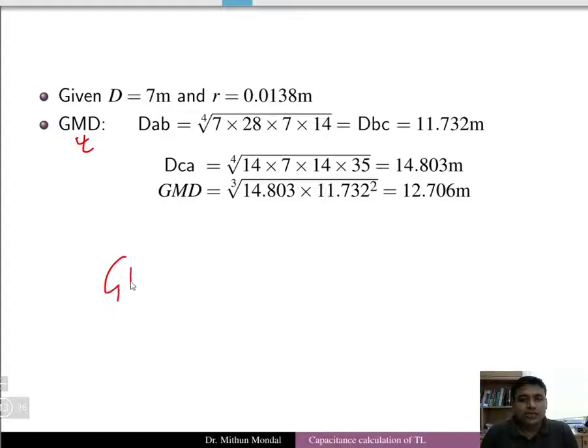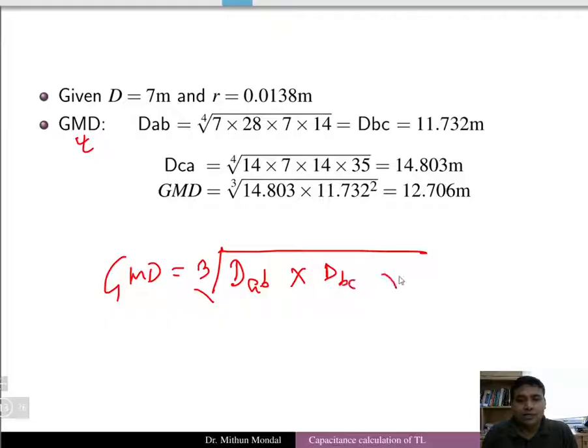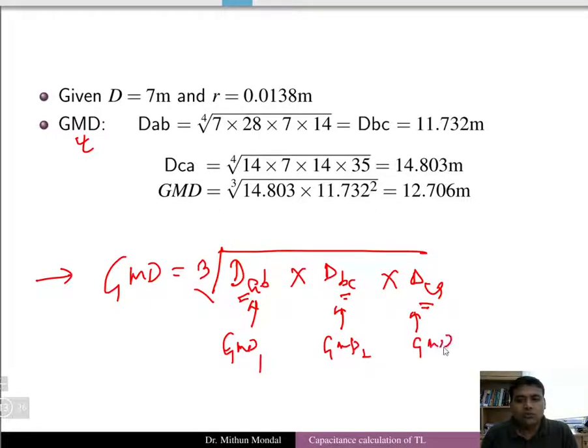So GMD calculation is basically the cube root of three distances. The distances are DAB multiplied with DBC multiplied with DCA. So we have to obtain the distances DAB, DBC and DCA. These are the individual GMDs of the line. So this is equal to GMD1, this is equal to GMD2, this is equal to GMD3.